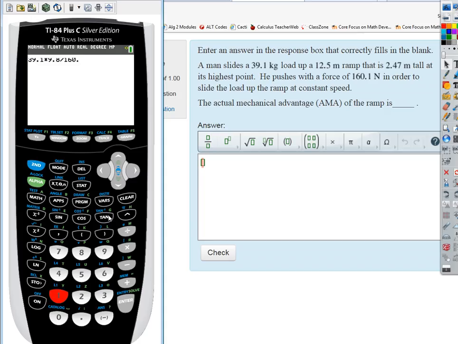Everybody see that? I thought it was input force divided by output. No, you're thinking of, okay, so ideal mechanical advantage is gonna be input distance over output distance.